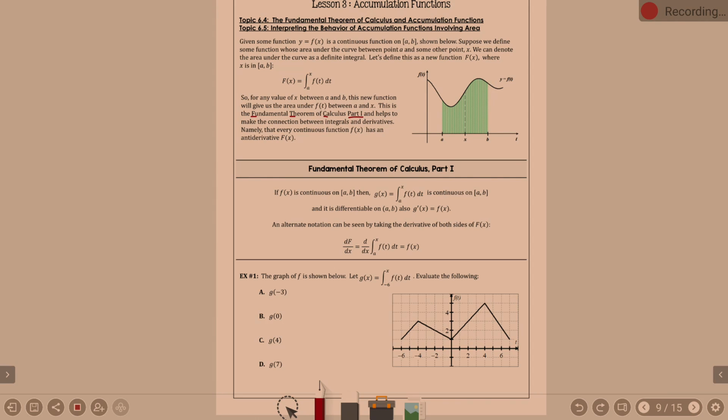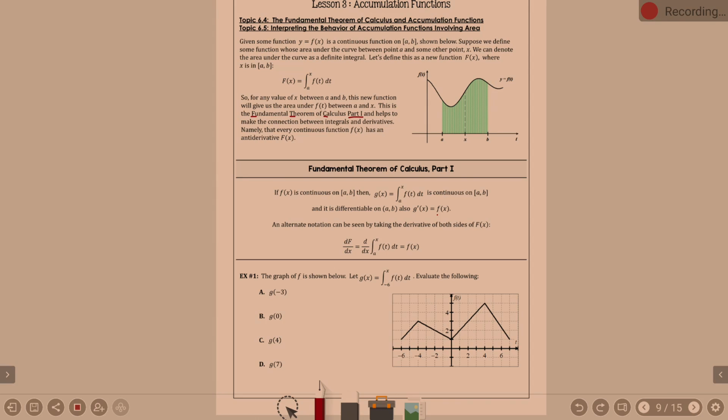So the idea here is that when you take the derivative of g of x, that means you'd be taking the derivative of an integral. When you take the derivative of an integral, a derivative and an integral are going to undo each other, and it's just going to be equal to f of x there, okay? There is alternate notation shown here, taking the derivative of both sides.